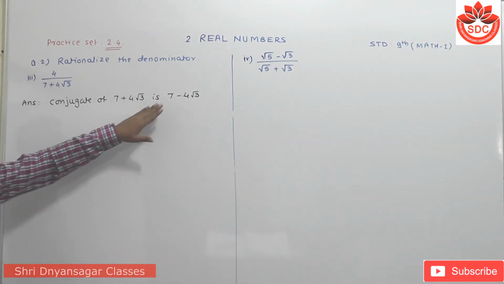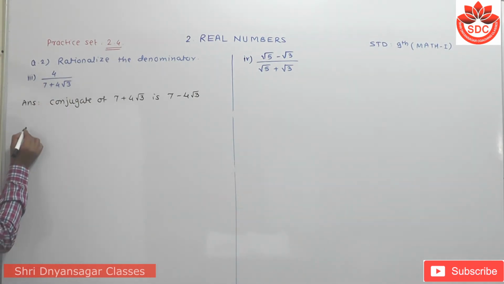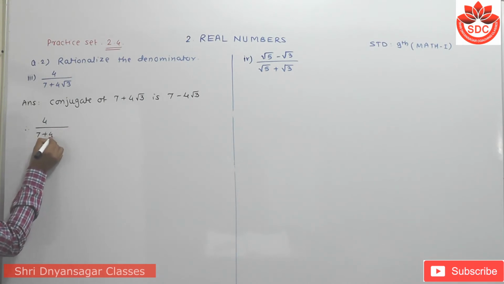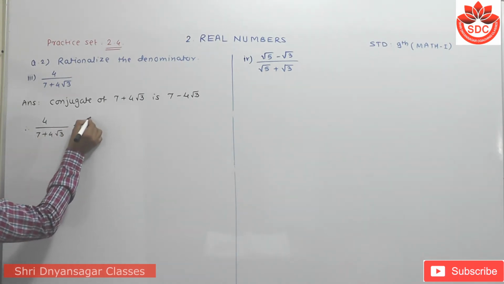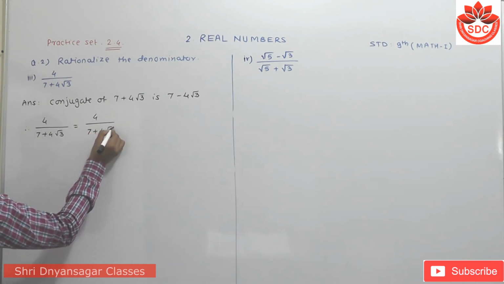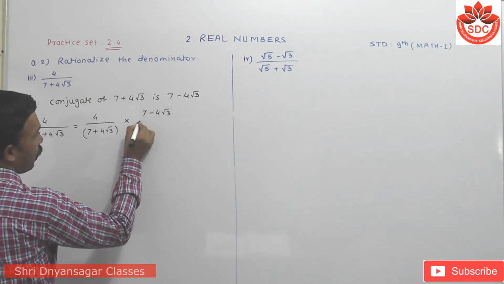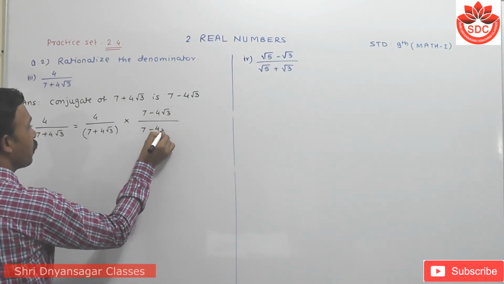You have to multiply numerator and denominator by this conjugate. Means 4 upon 7 plus 4 root 3 is equal to 4 upon 7 plus 4 root 3 into 7 minus 4 root 3 upon 7 minus 4 root 3.